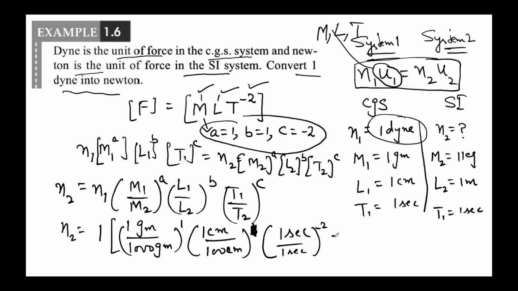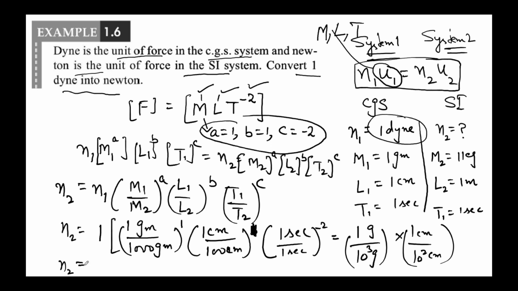So what we are left with is 1 gram over 1000 gram, that is 1 gram over 10 raised to power 3 gram, into 1 centimeter over 10 raised to power 2 centimeter in the denominator. So n2 is equal to 10 raised to power minus 5. What does it mean?